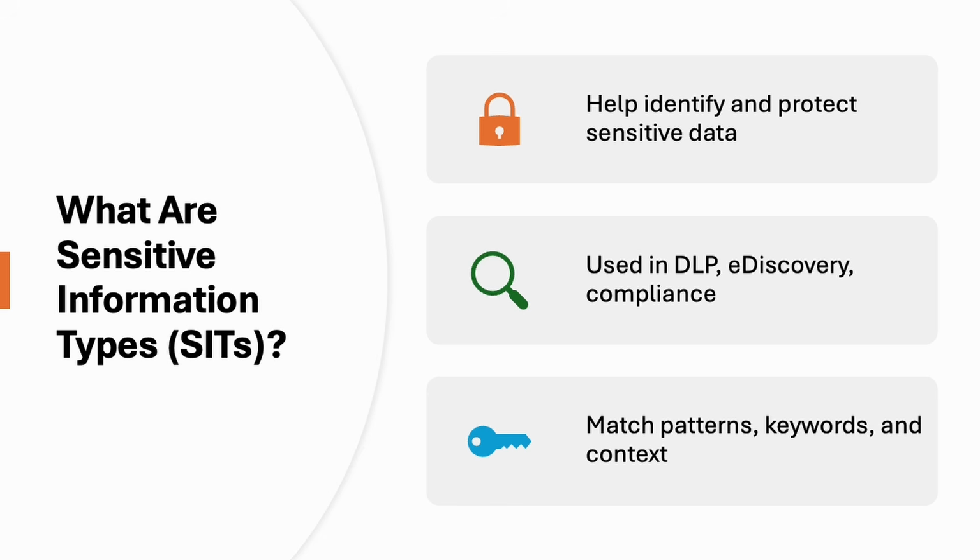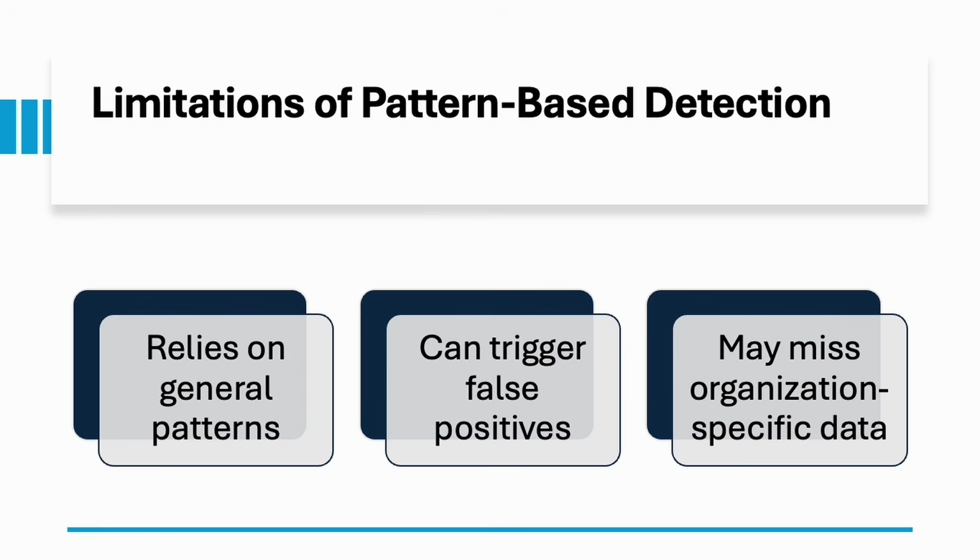So in short, it has the information, and on the basis of that, it detects from your files and emails and lets you know if it finds something matching. Now, let's explore the limitation of this pattern-based detection, because traditional SITs are designed to work with a keyword or pattern.